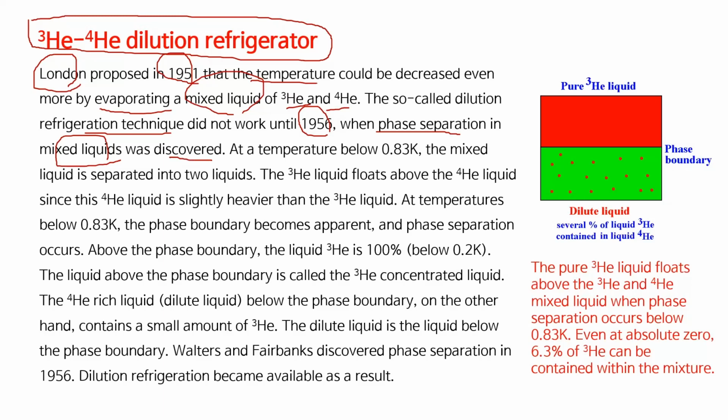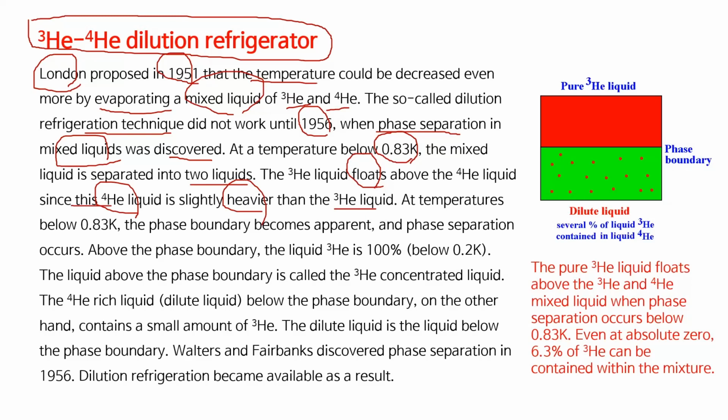At temperatures below 0.83 Kelvin, the mixed liquid is separated into two liquids. The helium-3 liquid flows above the helium-4 liquid, since the helium-4 liquid is slightly heavier than the helium-3 liquid.